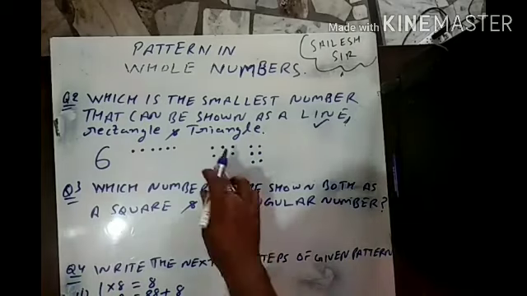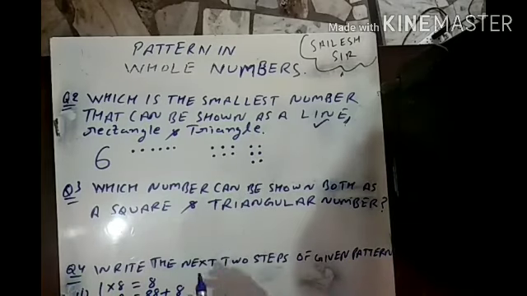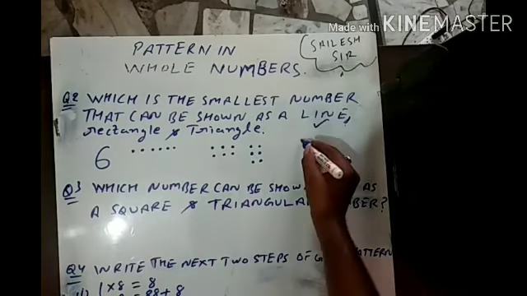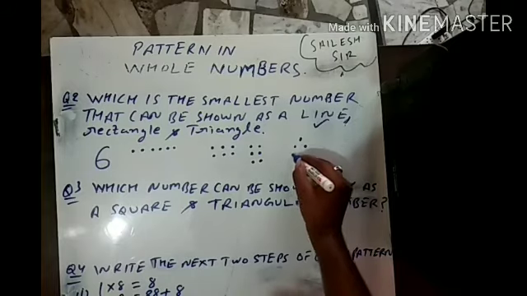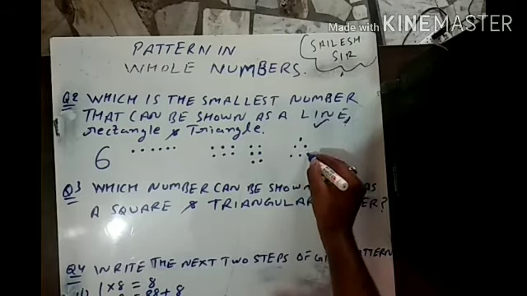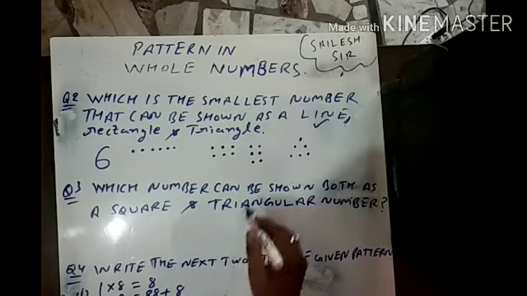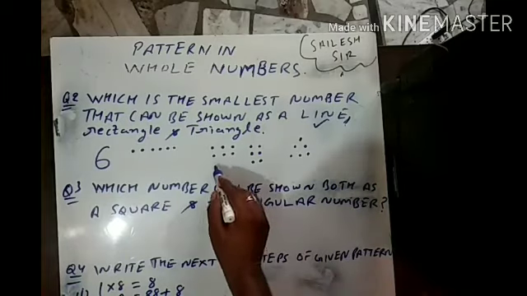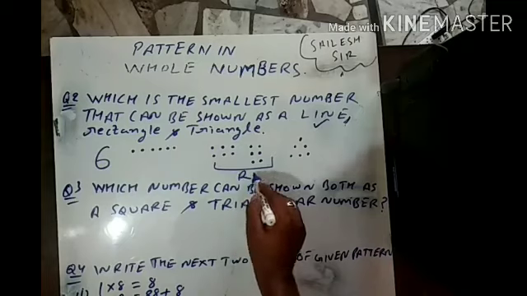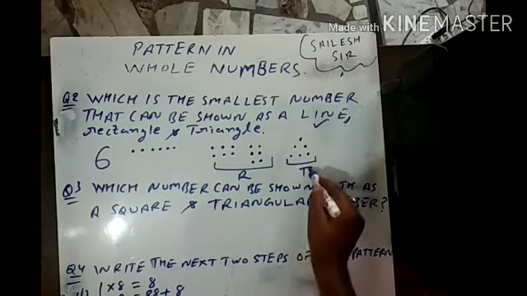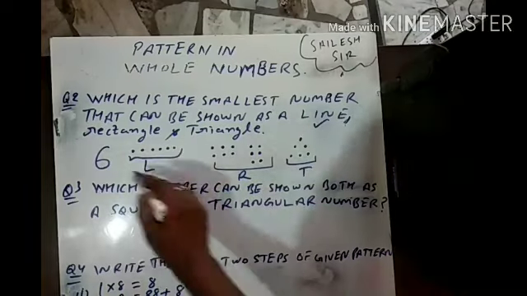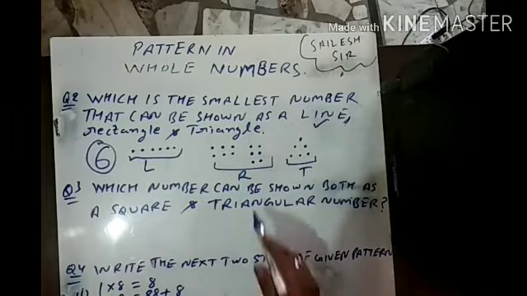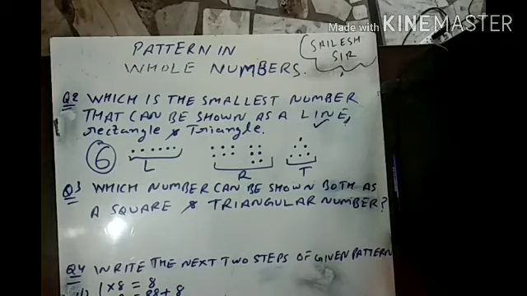Now these are the rectangular patterns of 6, and now let us check for the triangular pattern. I start with 1 dot, after that 2 dots, and after that 3 dots. So this is the rectangular pattern. This is the triangular pattern. And this is a line pattern. So the smallest number is 6 that can be represented as a line, rectangle and triangle.